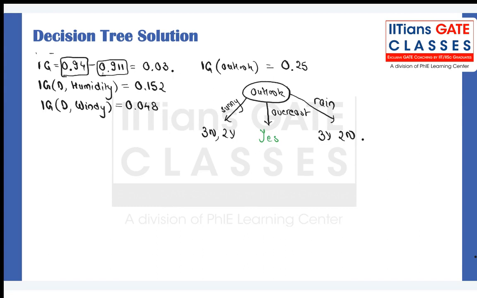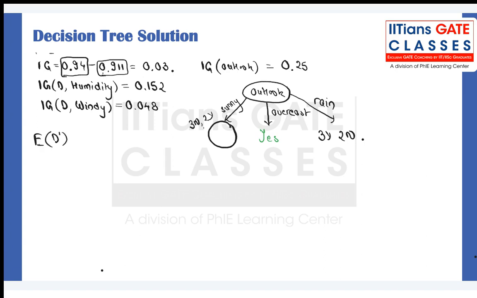Now, let's consider this node on the left. And I want to find what feature should I place here in order to break this further, because it is an impure node. This was nothing but 3 no's and 2 yeses. So what is the entropy of that node? Let's say this is D dash.